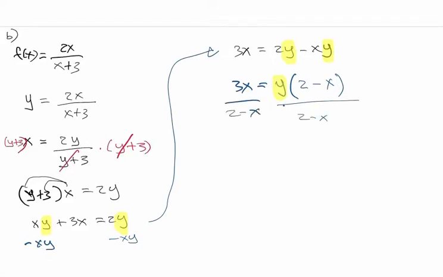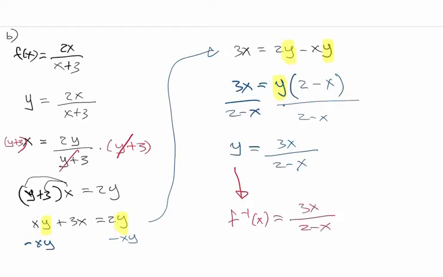So we have y equals 3x over 2 minus x. And again, one last important step, we need to write this as f inverse of x equals 3x over 2 minus x. So this function is the inverse function of this function right here. And if you compose them, we can simplify to x.